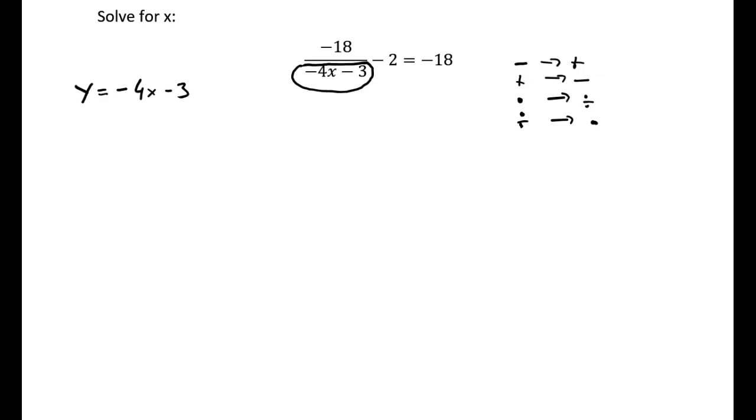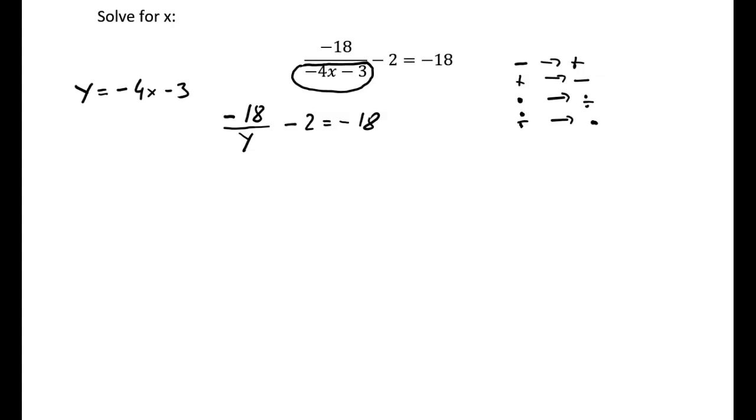Then we can write this in a form that we are already used to: negative 18 divided by y, because we've substituted it, minus 2 equals negative 18. That looks a little bit easier to deal with.